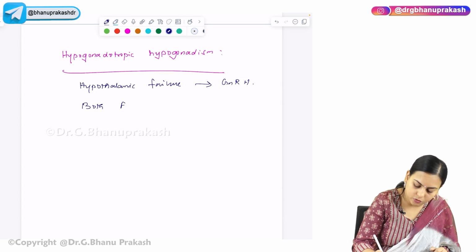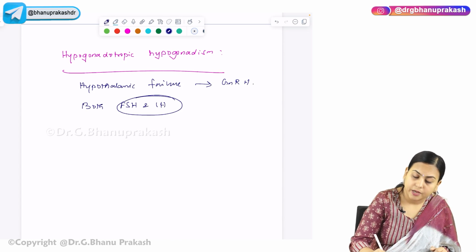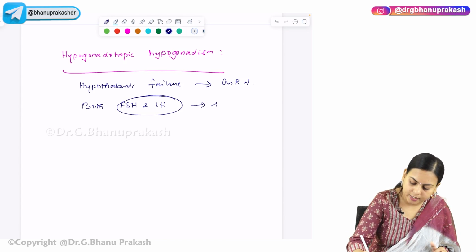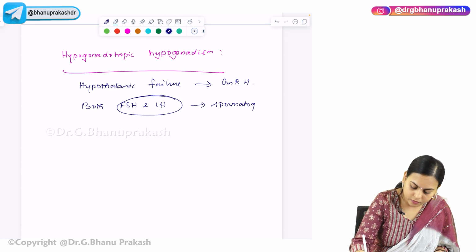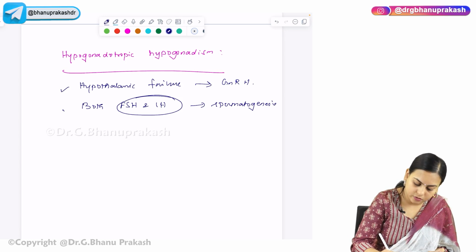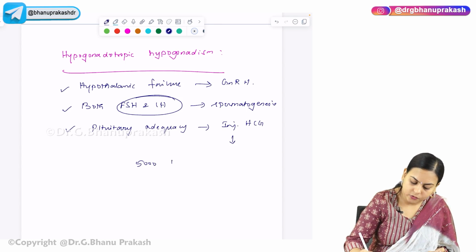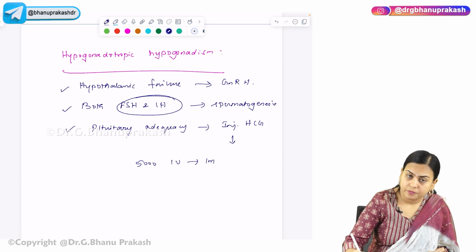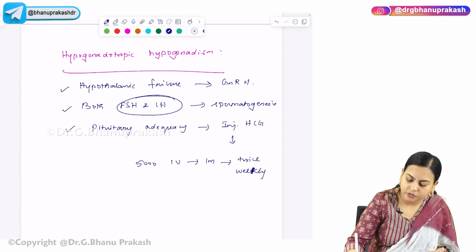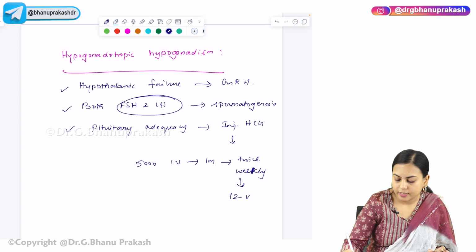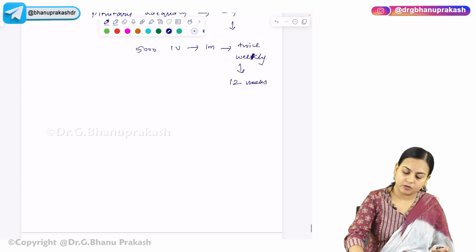Then both FSH and LH may also need to be supplemented to maintain spermatogenesis, okay. Suppose if there is pituitary adequacy, you can even give them injection HCG at a dose of 5000 international units IM route twice weekly, okay. It is not twice daily, it is twice weekly. That should be given for 12 weeks or 3 months, okay.